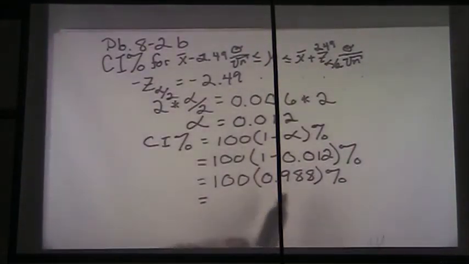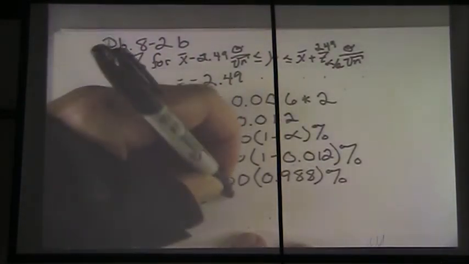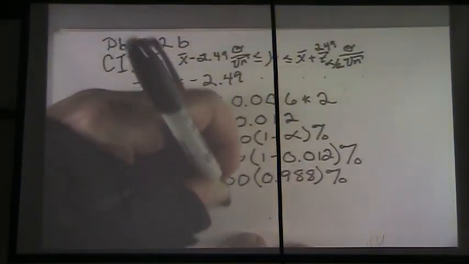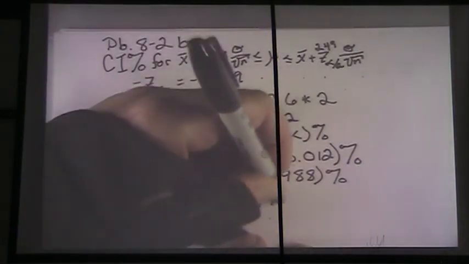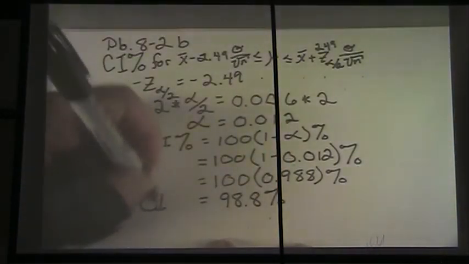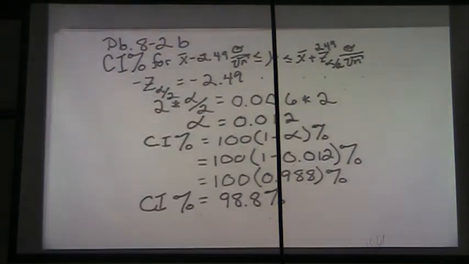We would move our decimal place over twice when we multiply by 100. So it becomes 98.8% is our confidence level.